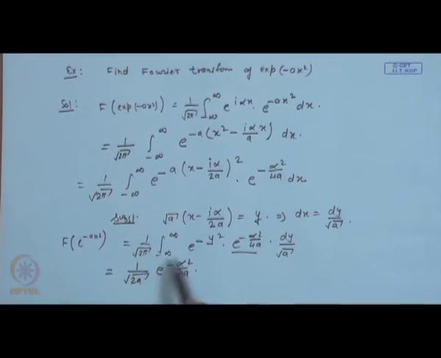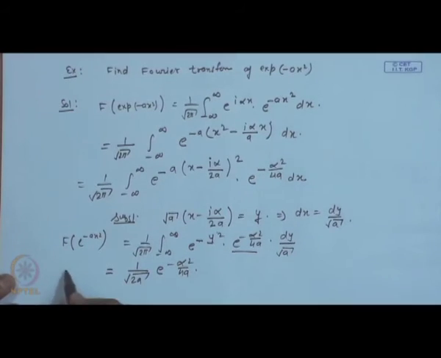So this square root pi gets cancelled with this integral minus infinity to plus infinity e minus y square dy, value of that integral is square root pi, so here we had 1 over square root pi, so this is cancelled. So this is the Fourier transform of e minus a x square.